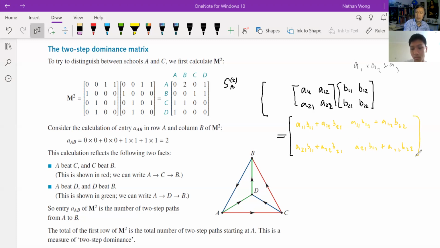Good. Okay. So what I mean is that this will be the C. Can we call this C? If I call this matrix C, that's C11, C12, C21, and C22.